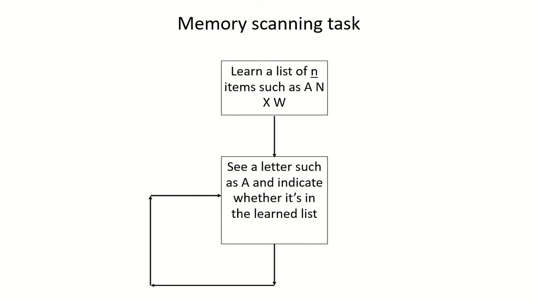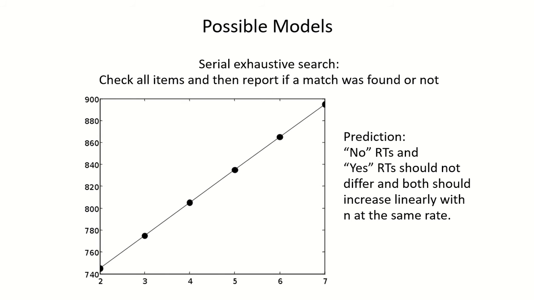Now, if we come up with predictions about how long it should take people to do this particular task of finding the A, if people do this in a serial way, it would mean that when you see the letter A, you would have to go to the first letter in your list that you're remembering and check if that's it or not. Second letter, check if that's it or not. Then the third letter, check if it's it or not. And the longer your list of letters was, the longer it would take you to say yes or no. Right?